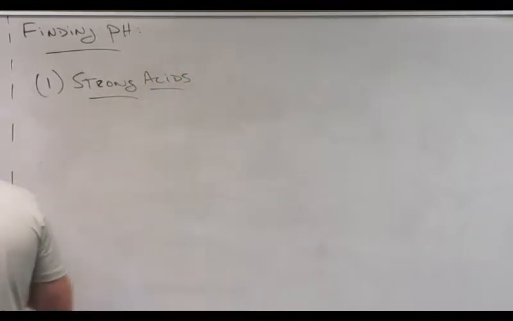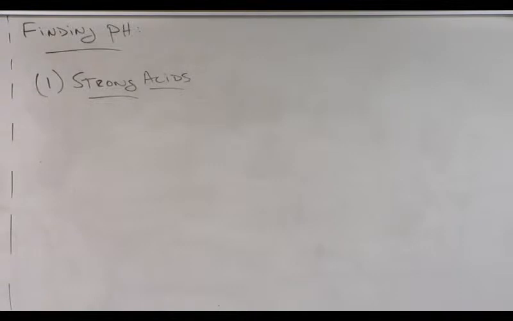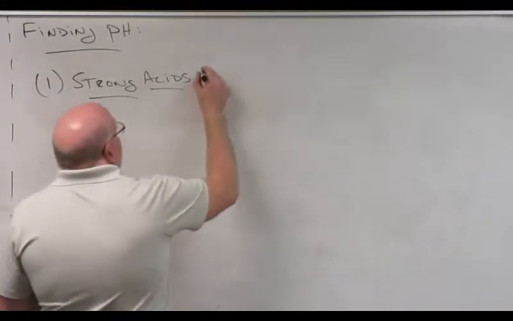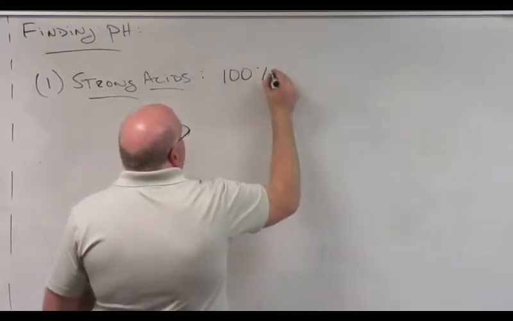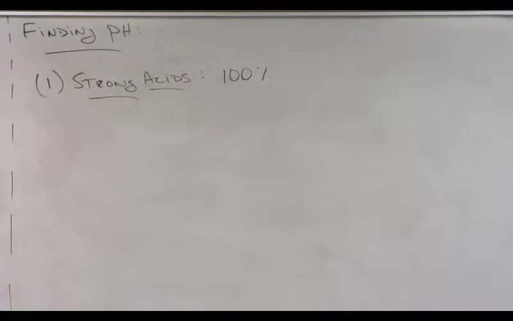Strong acids are the easiest ones to deal with. There's nothing we have to really worry about with strong acids. For example, because they break apart 100%, we can use whatever the strength is that is told to us and find the relationship directly.